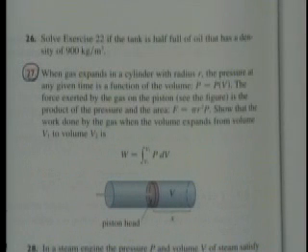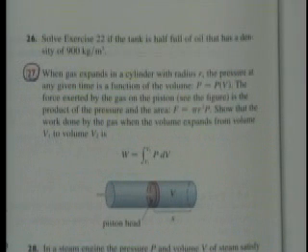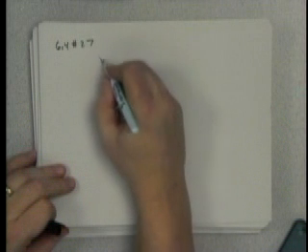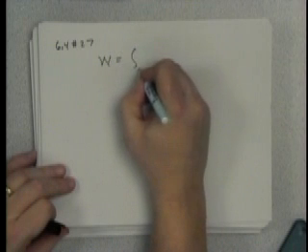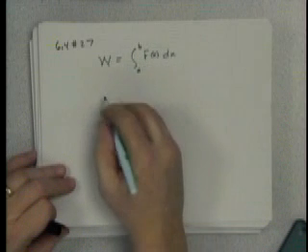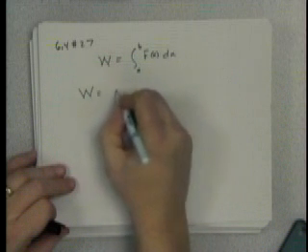Okay. So generally, what is this, 6.4, number 27. We have work done from A to B is the integral of f of x dx. So I could write the work as an integral.